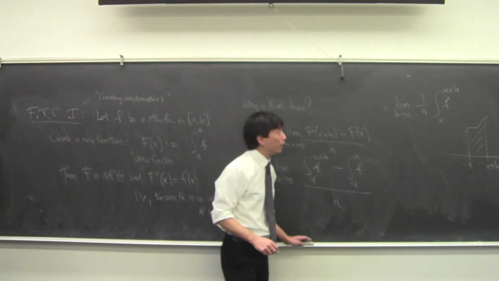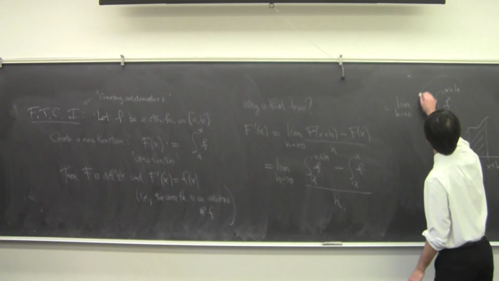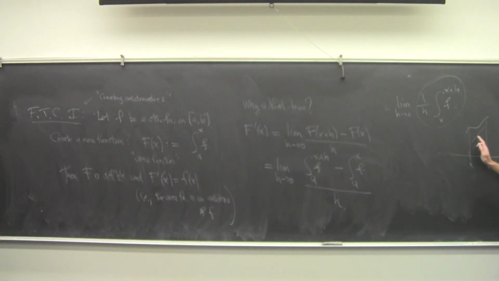Okay. Now let's think of what this thing is. This thing here is the area, and we divide by h. Here's the best part. You divide by h. What do you get when you take this area and you divide by h? You take an area, you divide by a length.